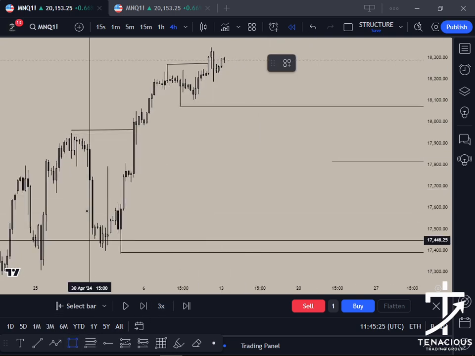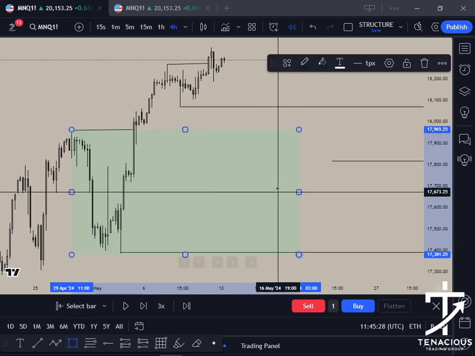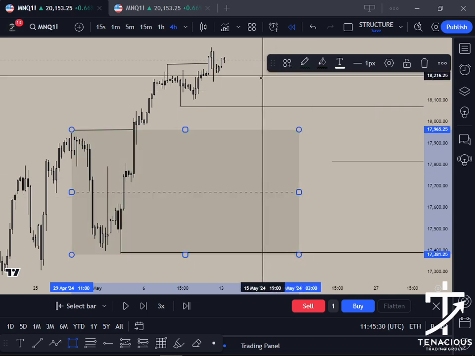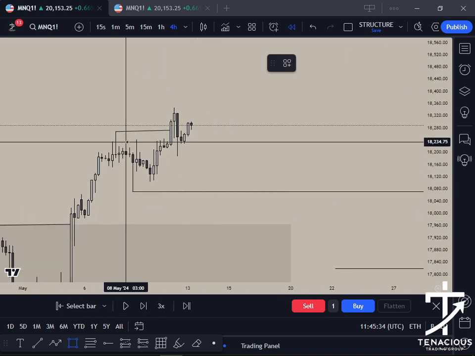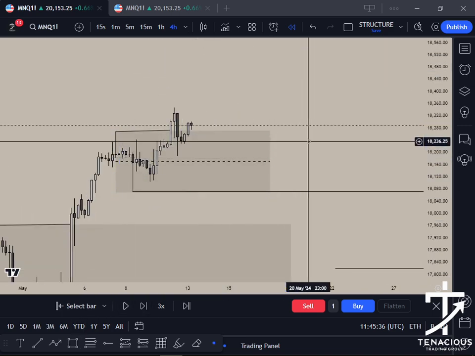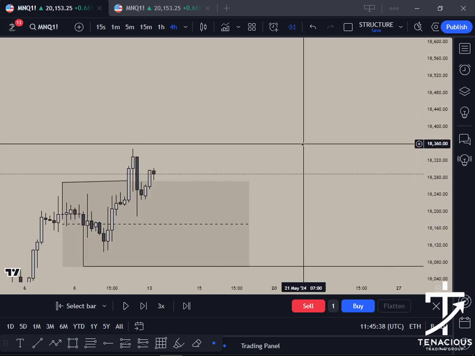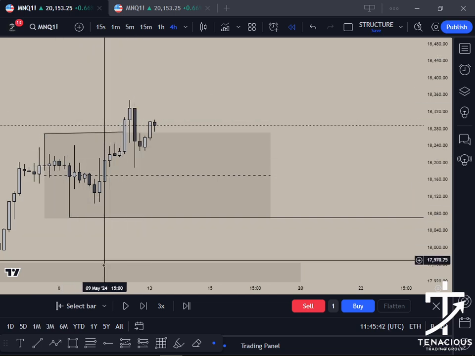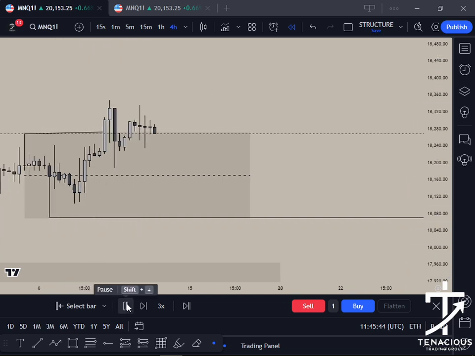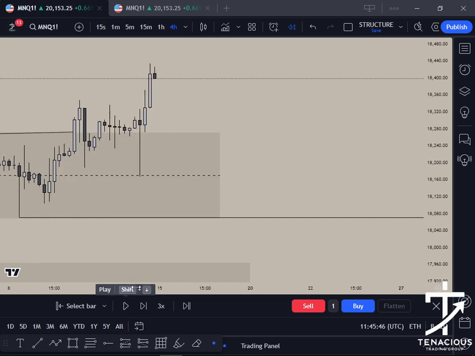So we have this zone right here, if price wants to tap back into it, and we also have this zone here. So let's see what happens. 1, 2, 3. Okay, let price play out.